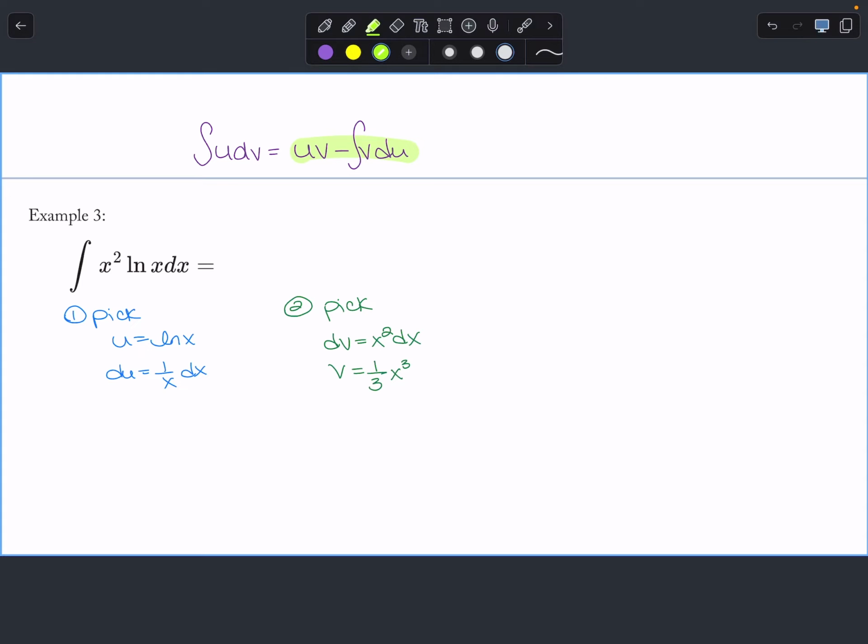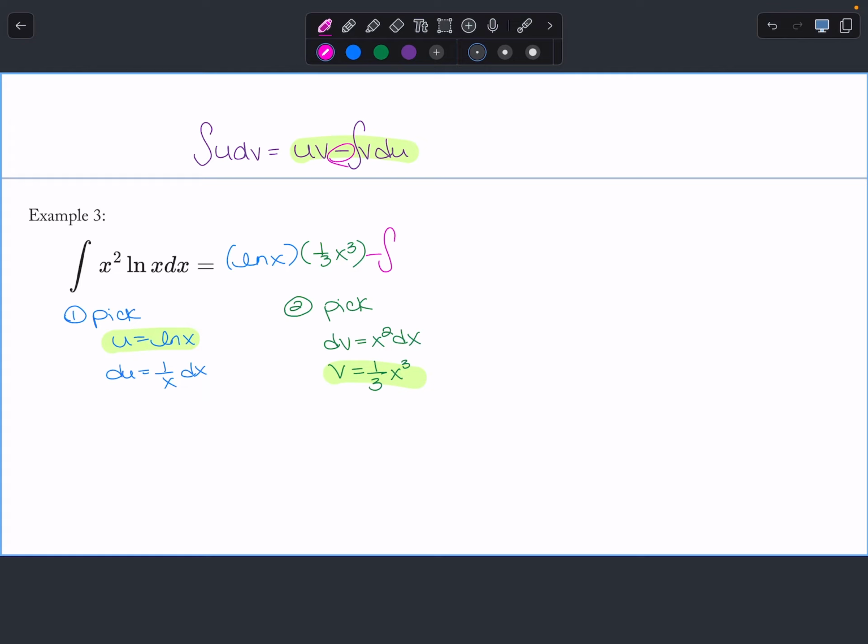So I got to go u times v. So I have ln of x times v, which is 1/3 x cubed. And then I have a minus sign.